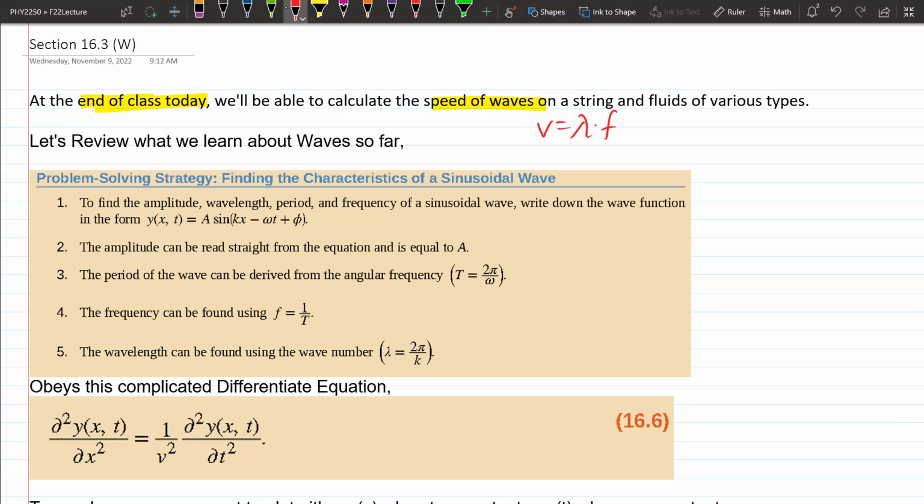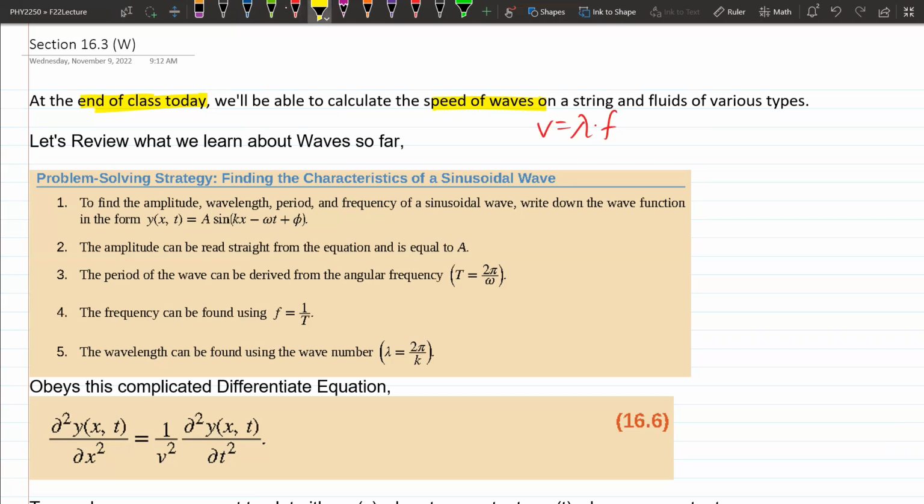This is a more physical aspect of these waves, and we'll have different ways of calculating them depending on what type of wave we're talking about. So we're deviating from all the waves behaving the same way, and we're going to have to calculate each type of wave differently, okay?